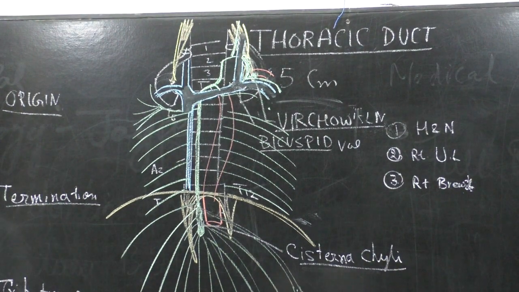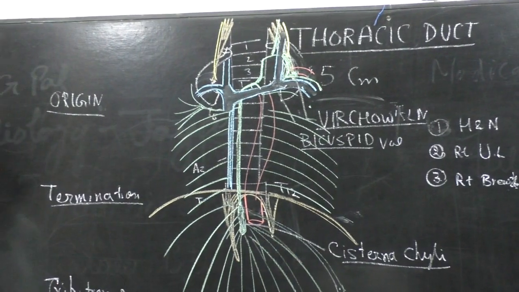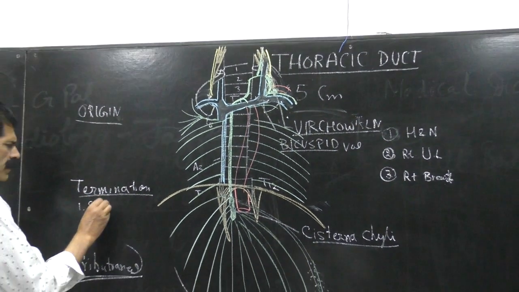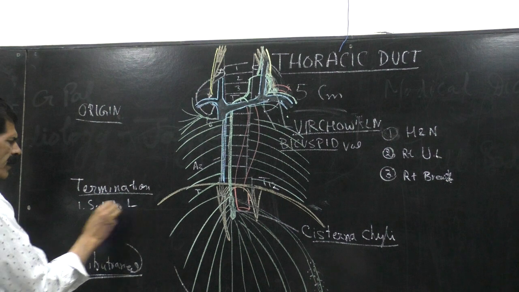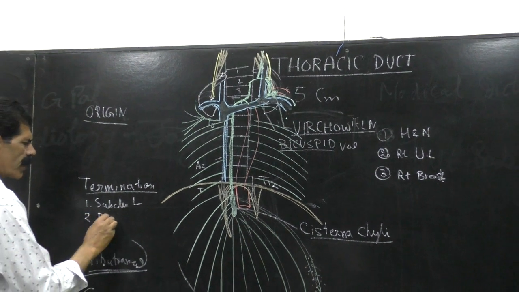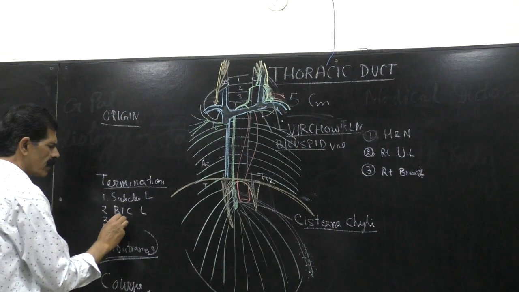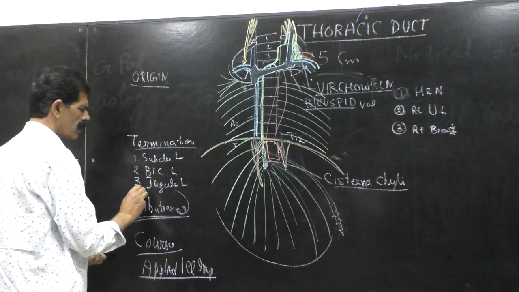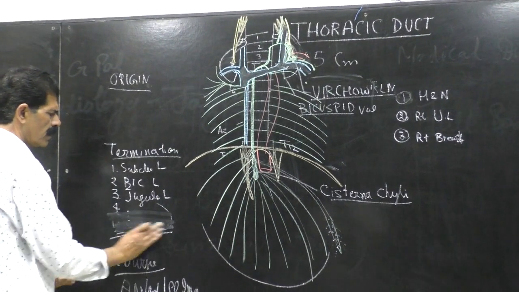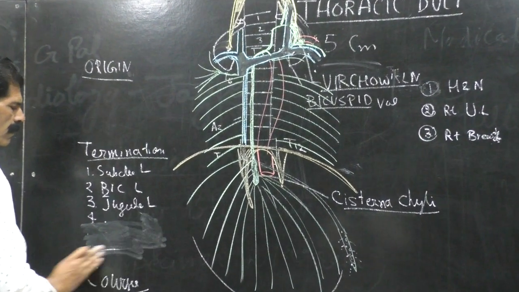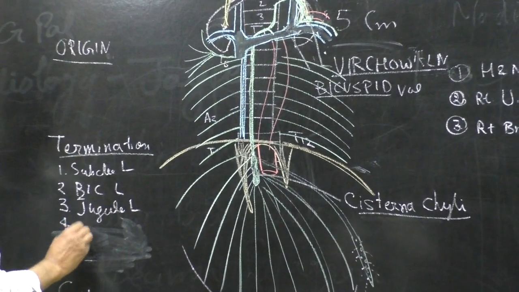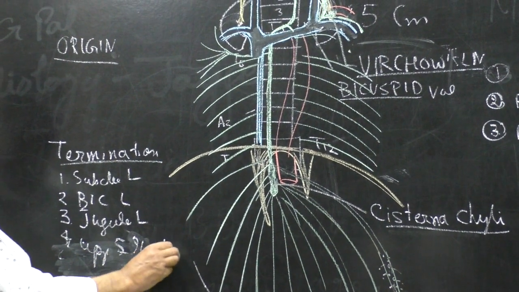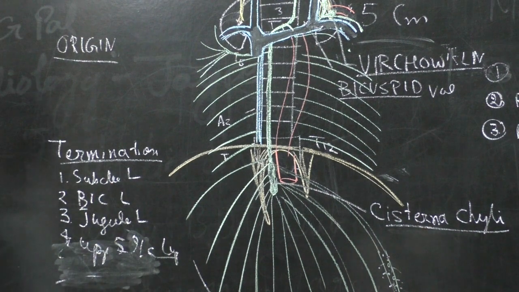So these tributaries are the subclavian lymphatics, brachiocephalic lymphatics, jugular lymphatics, and the upper 5 intercostal lymphatic channels, which open into it.